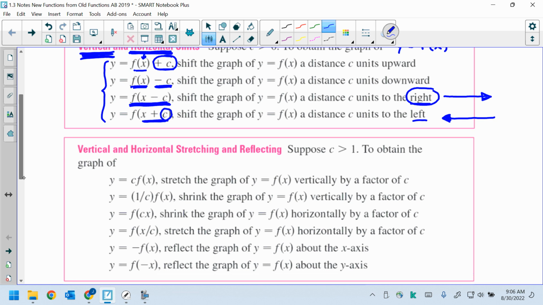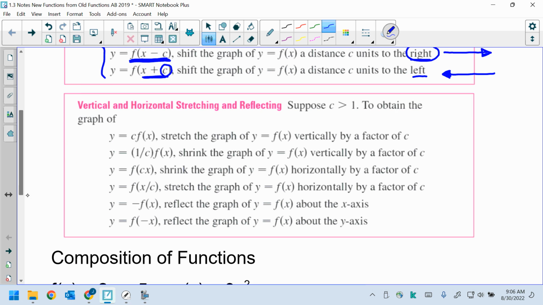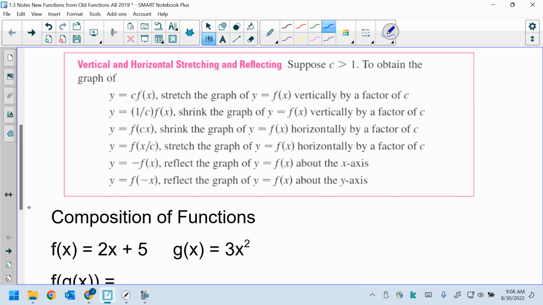Now, instead of just shifting things left, right, up, down, if we are instead going to stretch things or reflect things, or maybe not stretch them but make them smaller, I guess maybe we could call that compressing or shrinking, what they call them here. If I want to stretch vertically, now vertically means you're not messing inside the parentheses, you're messing out. I want to stretch things. I want to make things climb quicker.